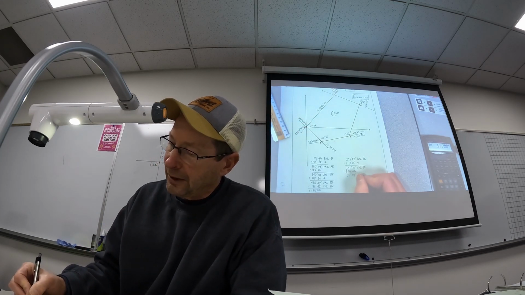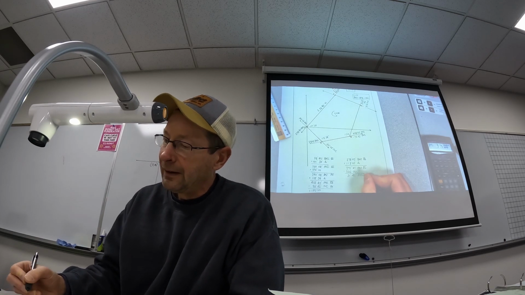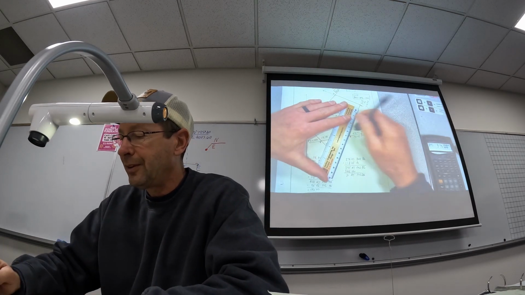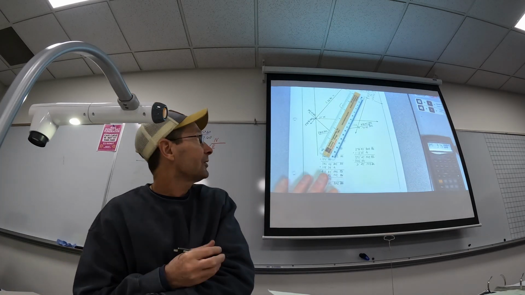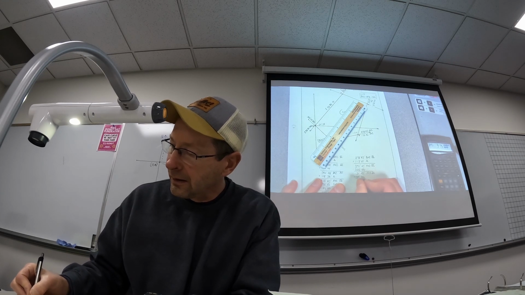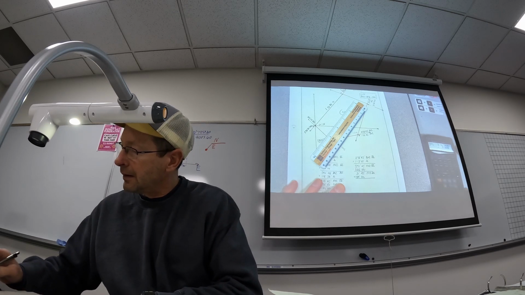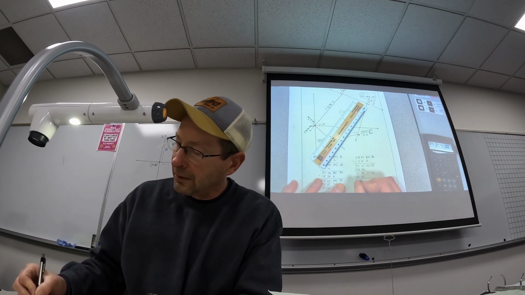This is the forward azimuth of D to C. Okay, what's its back azimuth? Add 180, yes. Add 180.